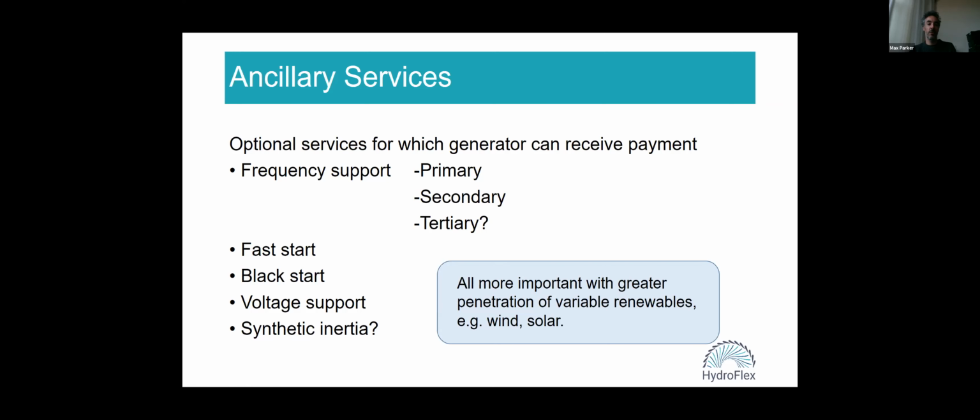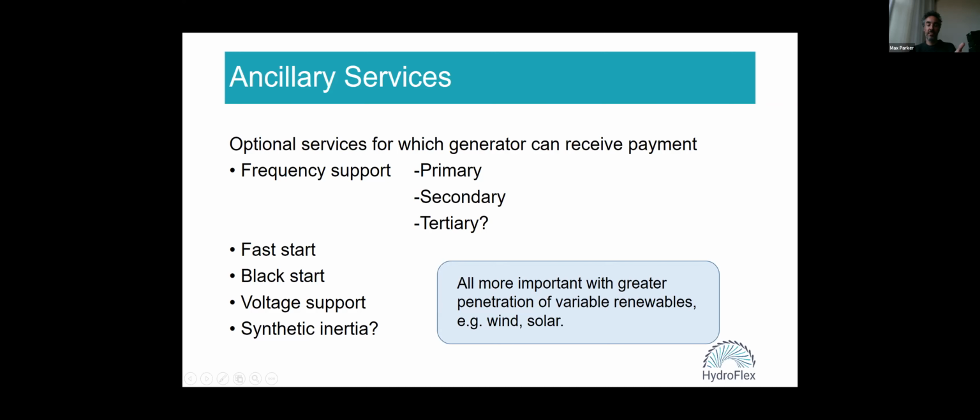There are other services. Fast start: you can be paid to be able to start up from nothing to a certain power output within a certain time. Black start, not really considering that here.